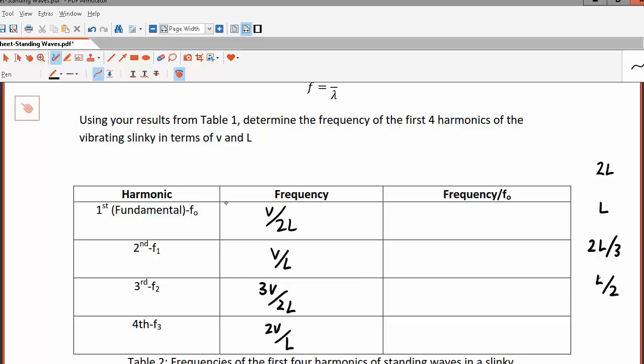This is equal to the fundamental frequency, and this frequency divided by the fundamental is just 1. So I'm dividing all of these by this quantity. We can see that this is equal to twice that, this is 3 times the fundamental, and this is 4 times the fundamental. So what I'm trying to get across here is that for a stretched string or a stretched slinky, the harmonics occur in multiples of the fundamental frequency.